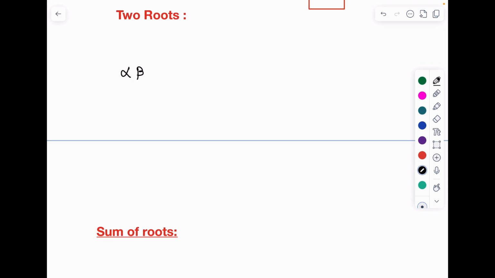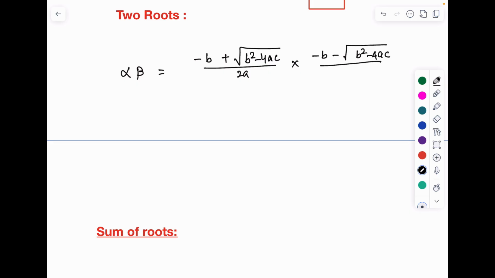Now for the product of the two roots, one is your alpha and another is beta. If you take the product, then you will get minus b plus the square root of b square minus 4ac by 2a, multiplied by minus b minus the square root of b square minus 4ac by 2a.